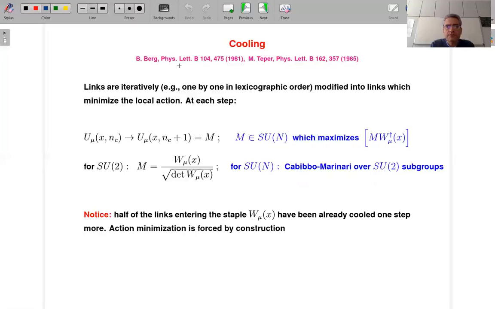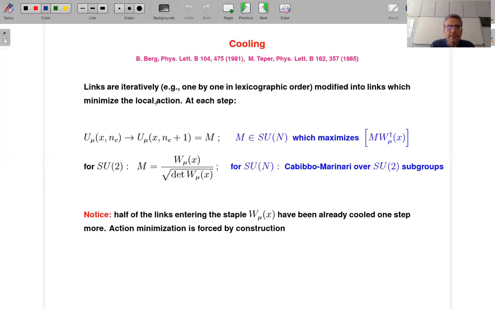It was proposed first in the nonlinear sigma model in 2 dimensions by Berg, and then for gauge theories by Teper in the 80s. The idea is basically the same, but the minimization process is performed iteratively, link variable by link variable.